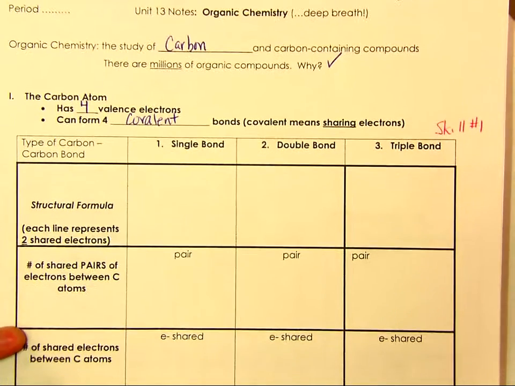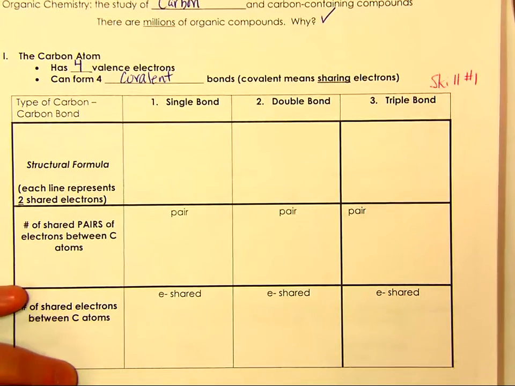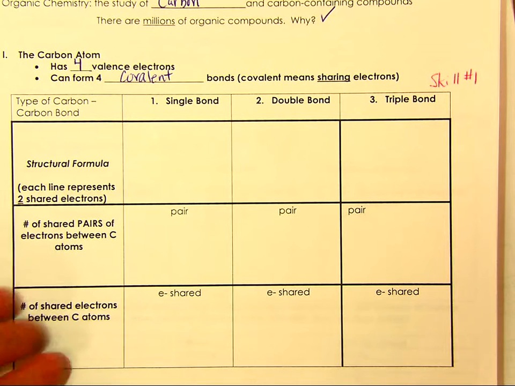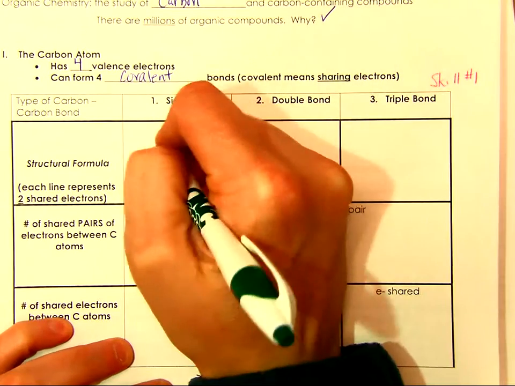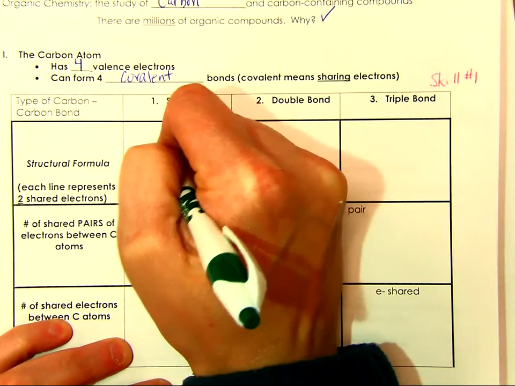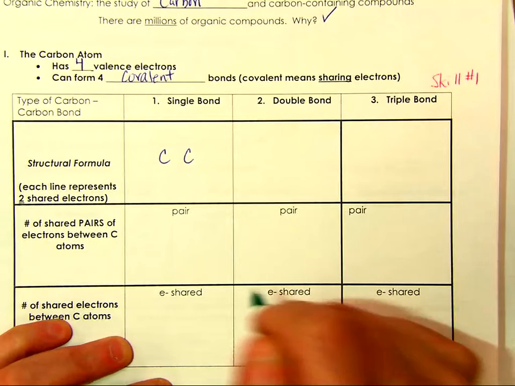So let's talk about the 3 different types of bonds that can occur with carbon. We have our single bonds, our double bonds, and our triple bonds. Structurally, when we draw, let's keep it with 2 carbon atoms.